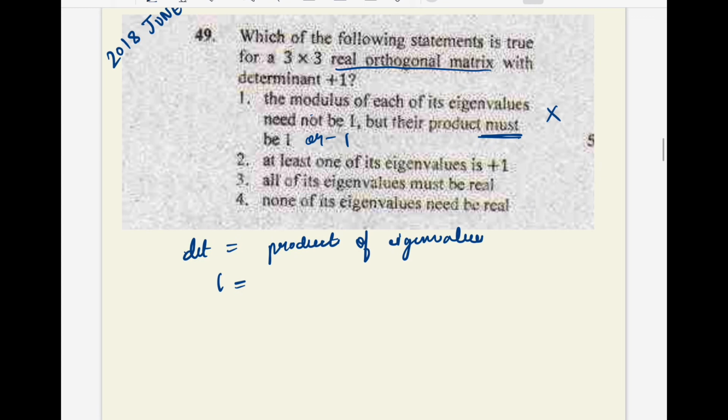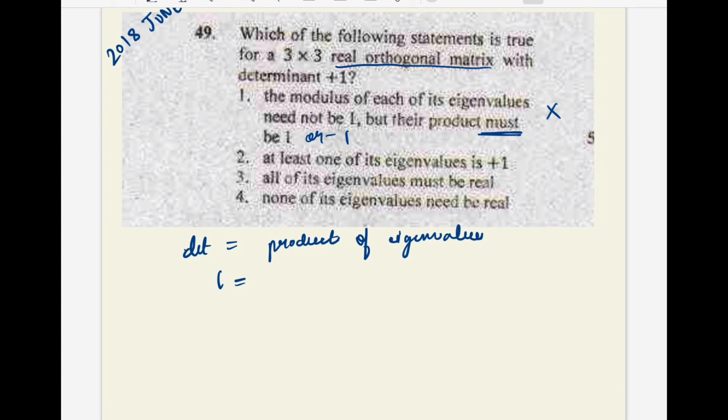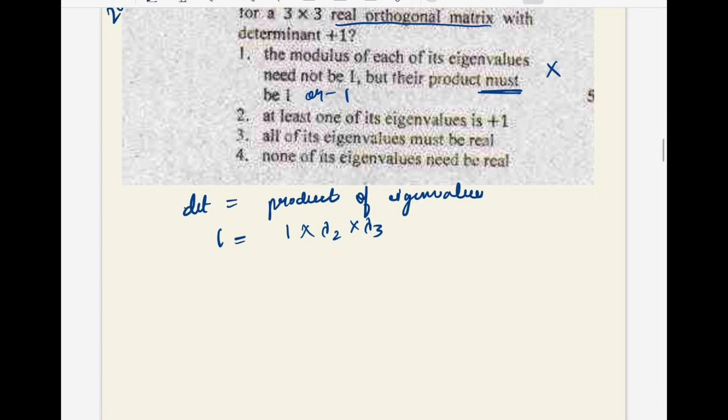At least one of its eigenvalues is +1. In order to have the determinant be 1, it must have 1 multiplied by the other two eigenvalues. So at least one of its eigenvalues is +1. This is right, and we can find it like this. Suppose the eigenvalues are either +1 or -1, or e to the power i theta, or e to the power minus i theta.